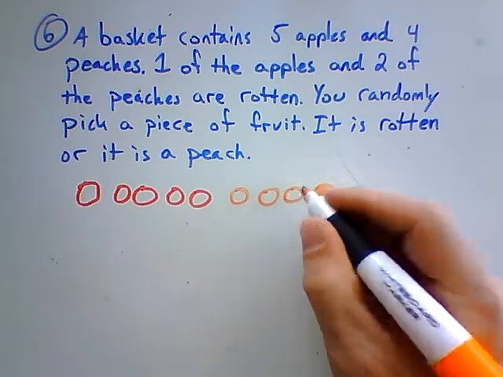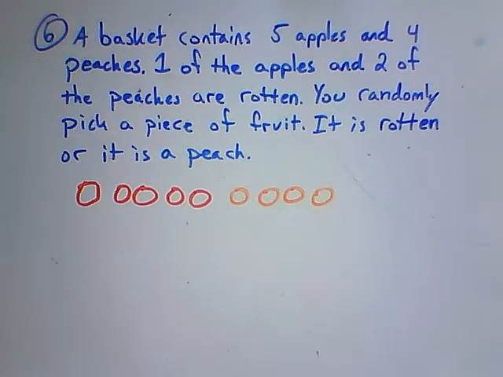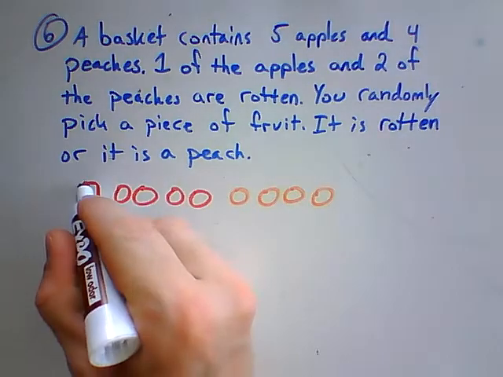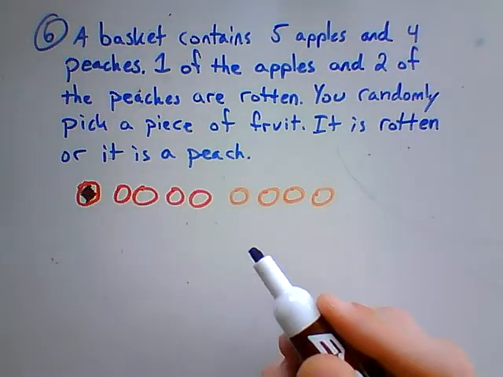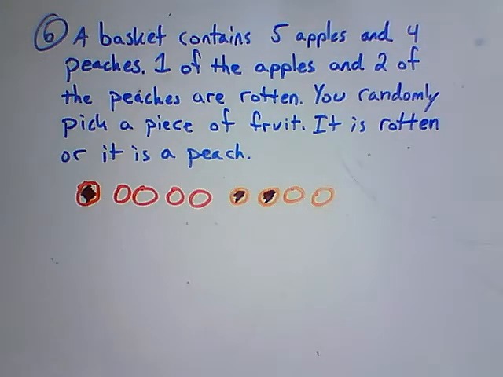Hold on, we're going to make them different a little bit. One of the apples and 2 of the peaches are rotten. I'm going to use brown and make those rotten. 1 apple, he's rotten. And 2 peaches. 1, 2, they're rotten.